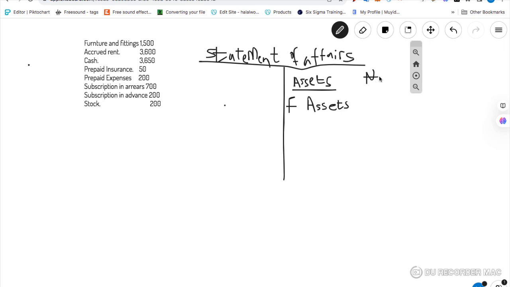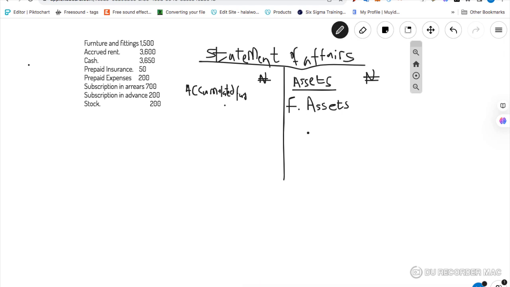So for the fixed assets we have furnitures. Writing this here is just for you to know that this is the asset side. You don't need to write asset disposition as long as you know that that's the asset side. You just have to classify your assets into fixed assets and current assets.